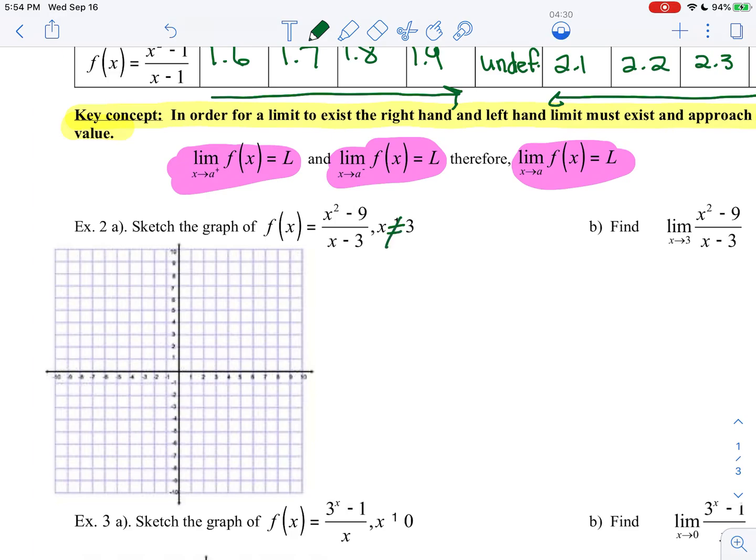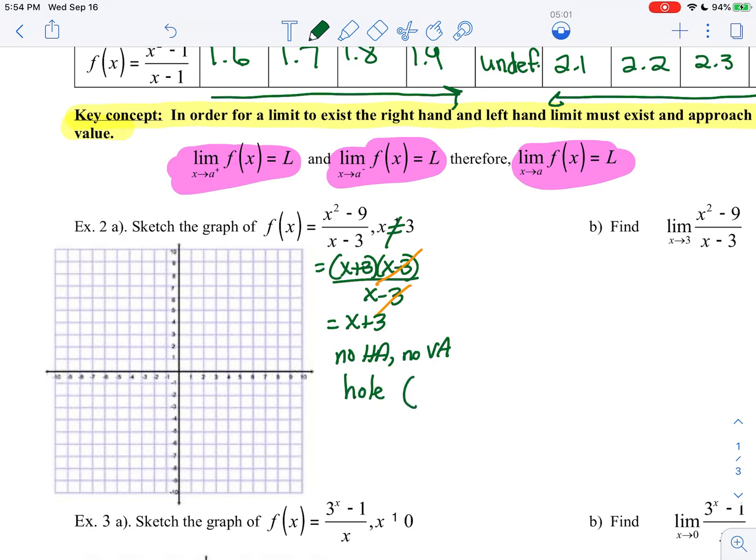All right, well, if we're going to do a graph, remember what we did with rationals. You're going to factor the numerator, factor the denominator, and if I cancel the common factors, this is x plus 3. So there's no horizontal asymptote, there's no vertical asymptote, but there is a hole in the graph.